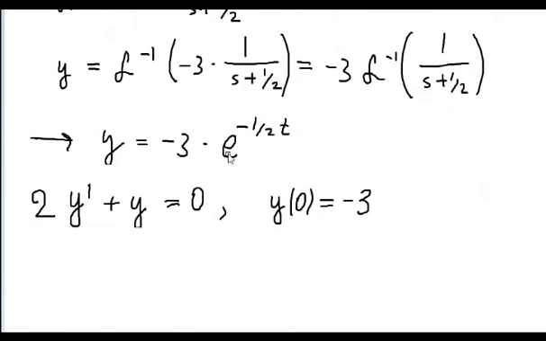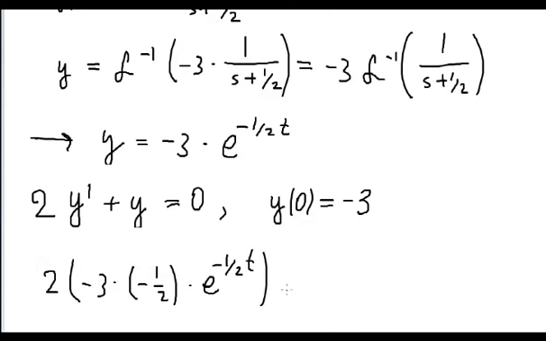With y being equal to that, do we have equality, the first one as well as the second one? So let's see. What will be 2 times y prime? Well, y prime will be minus 3 times minus a half by the chain rule times e to the power minus a half t. And the y is minus 3 times e to the power minus a half t.